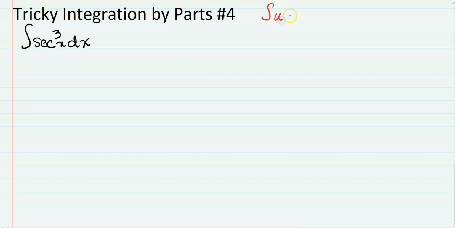The integral of u dv is equal to uv minus the integral of v du, right? That's the integration by parts equation. So I am going to let u be something that I can take the derivative of, and then let dv be something that I can take the antiderivative of.